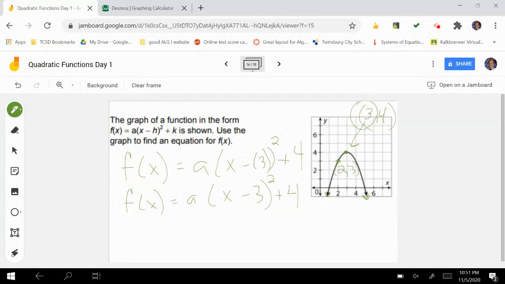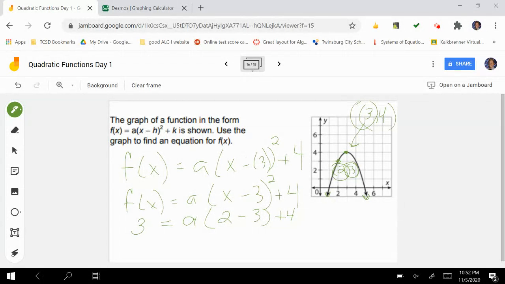Remember from way back when, f of x really equals what letter? y. So this is the y I'm going to plug in: 3, because it's part of that function. I don't know a. I do know my x is this 2 right here. And then my x minus 3 plus 4 is going to stay. Now I'm going to simplify.